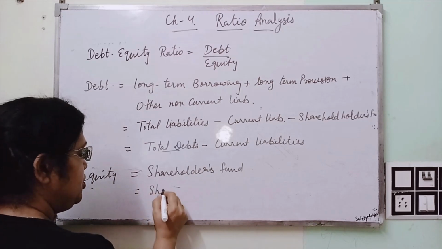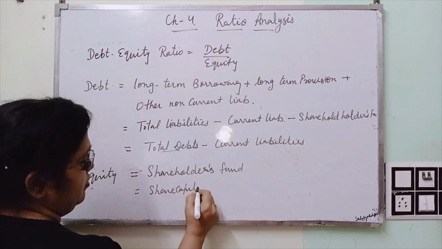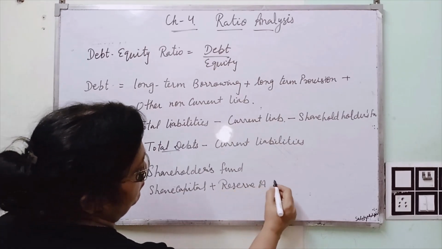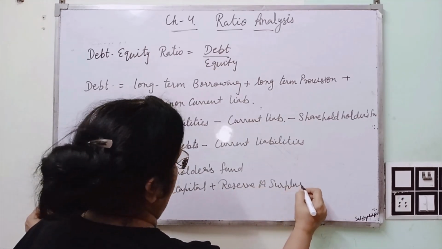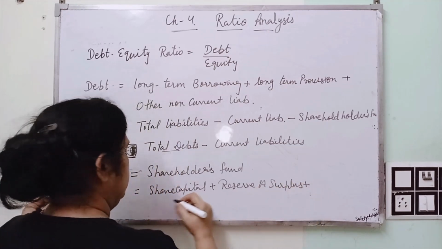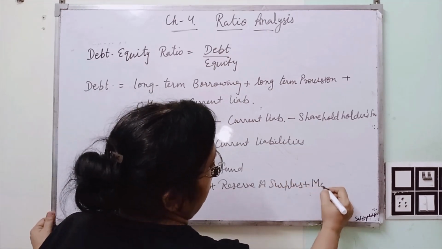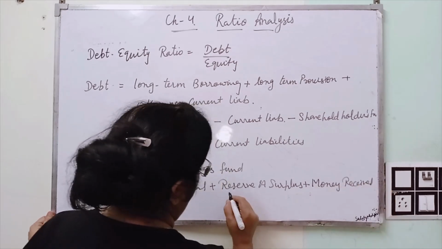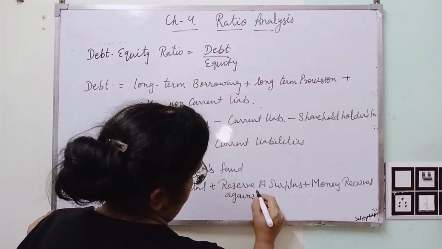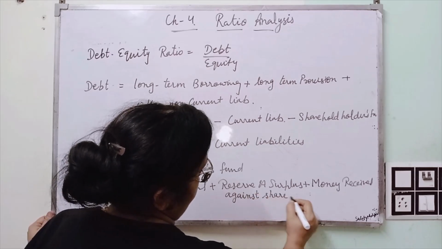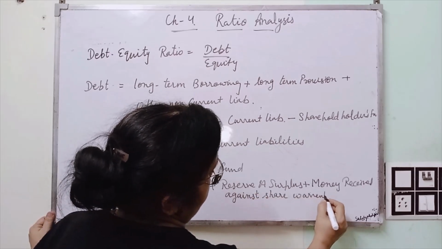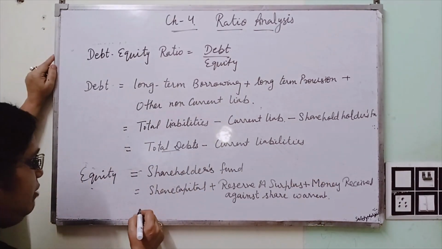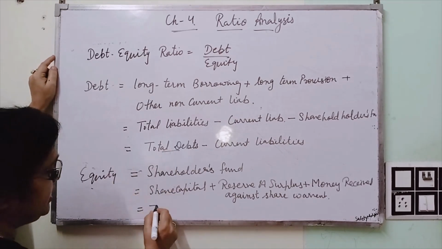Or we can say share capital plus reserve and surplus plus money received against share warrant. Or we can calculate it with the help of total liabilities or total assets.